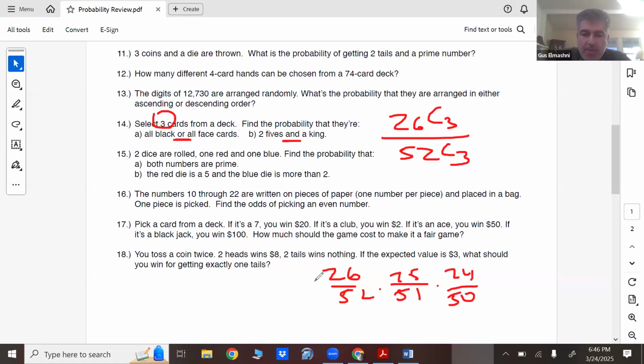Yeah, it actually reduces very nicely. That should be 2 out of 17.